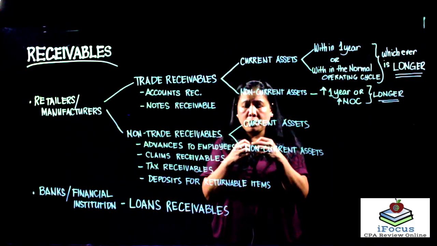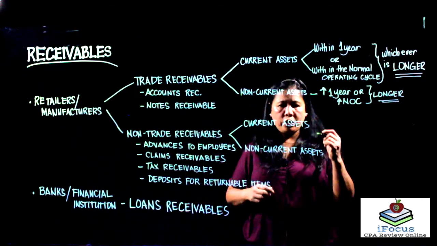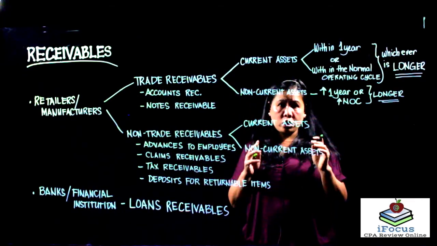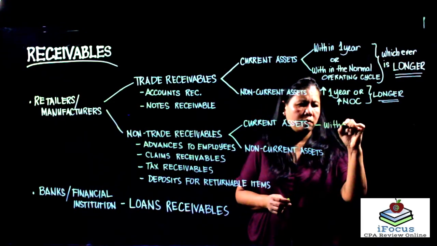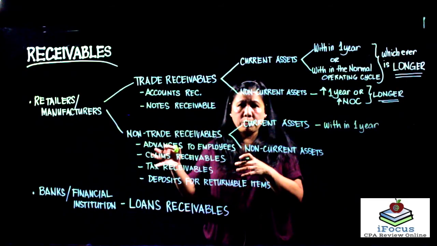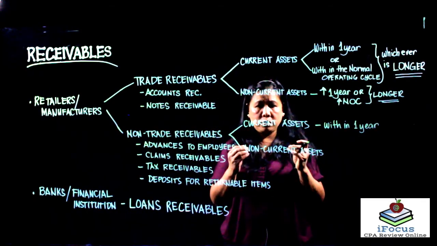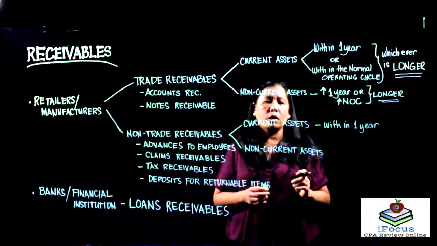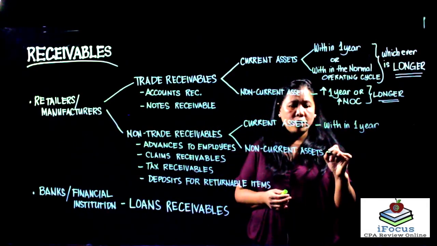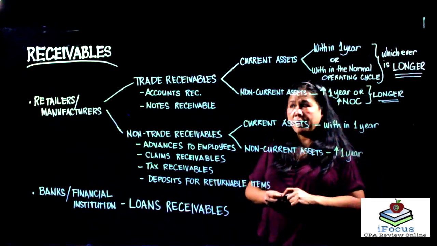If the collectibility of this non-trade receivable is within 1 year, we classify that as a current asset. And we classify a non-trade receivable as a non-current asset if the collectibility of this receivable is beyond 1 year.